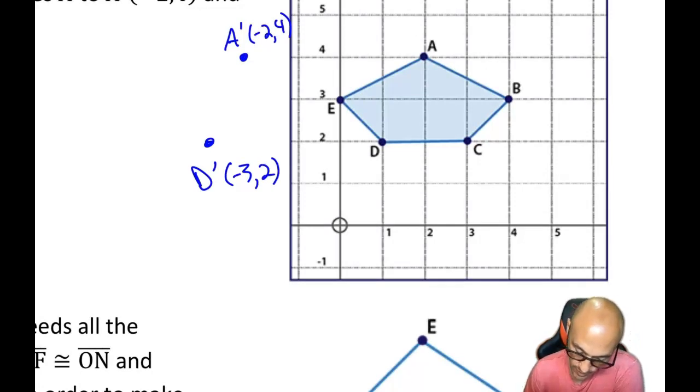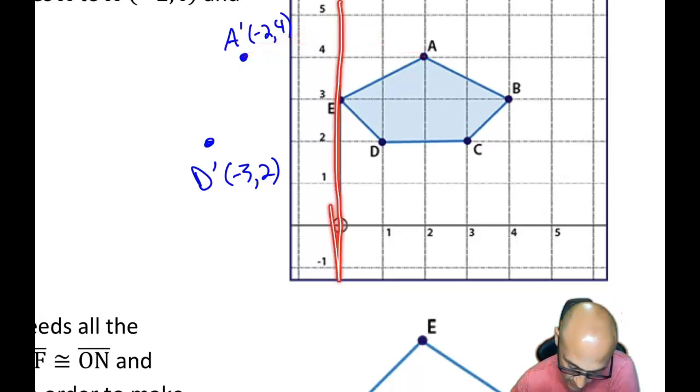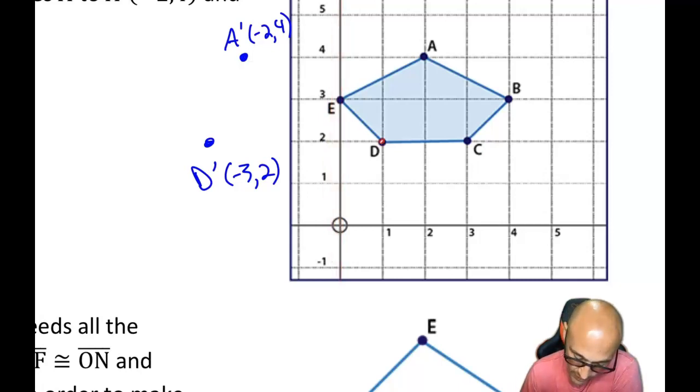Well, this looked like it could have been a reflection across this line. But notice that if it were, D would be here if it was a reflection. So it can't be a reflection.